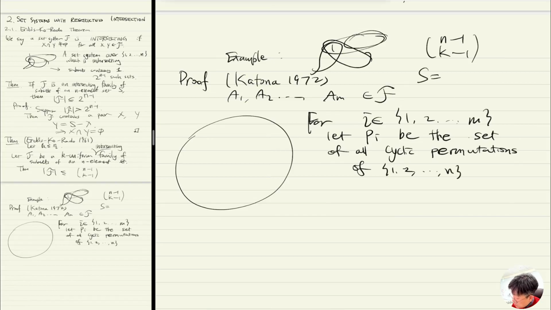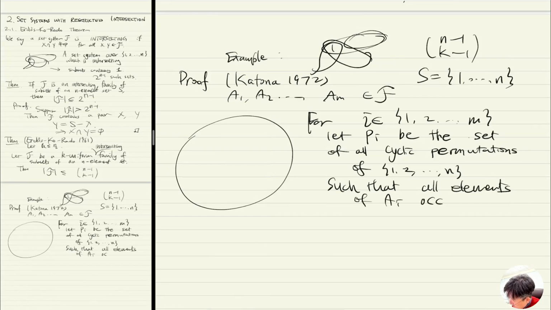Oh, by the way, I'm assuming that the ground set is 1 up to n. All cyclic permutations such that all elements of Ai occur consecutively in the cyclic order, right?